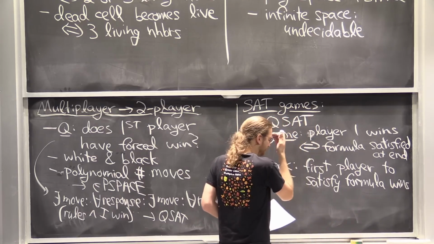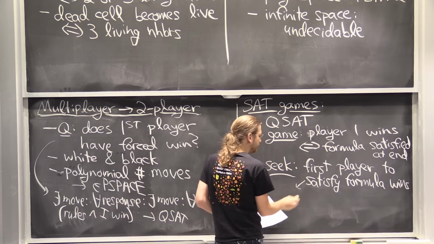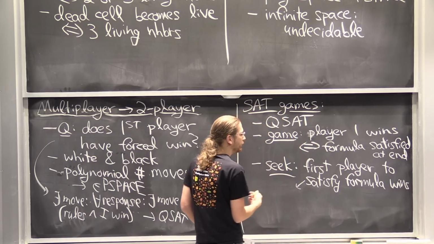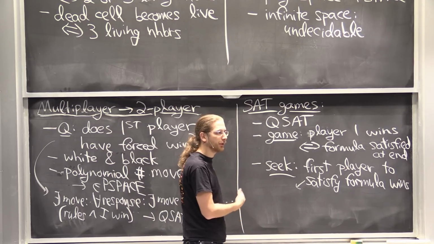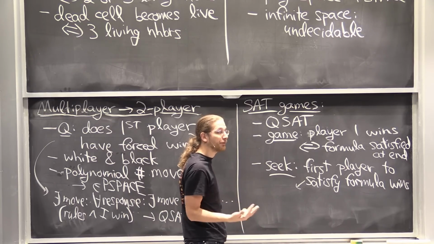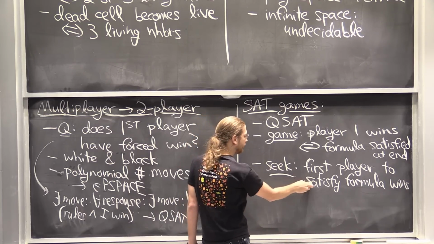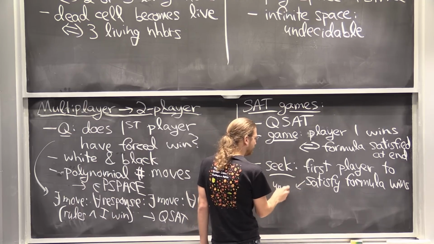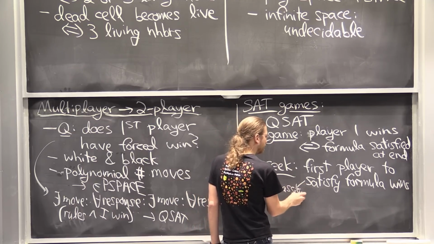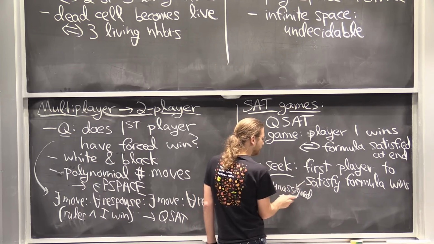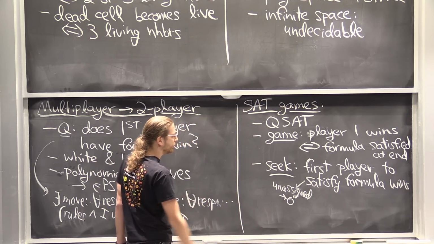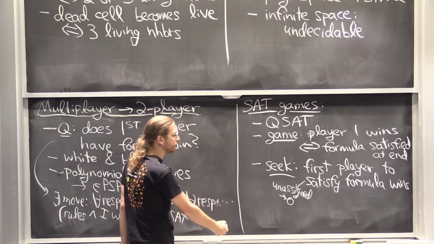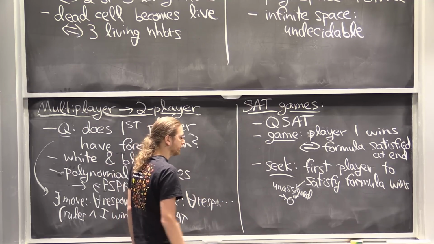What this means is, in general, you're choosing some variables. You have a set of variables. Some of them have been assigned 0 or 1. Some of them haven't been assigned yet. So when I say satisfy here, I mean that unassigned things are 0. So if you think of everything as initially 0, seek: whoever satisfies the formula first wins.